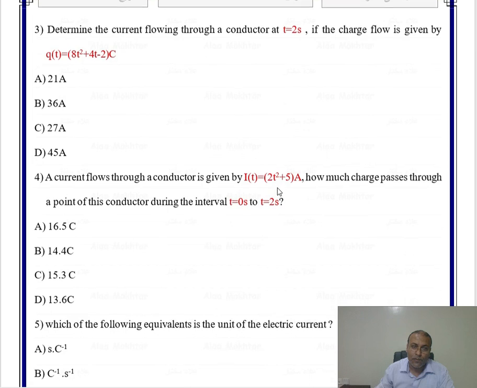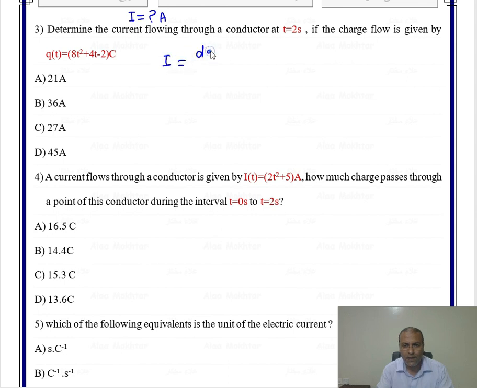Third question: determine the current flowing through a conductor at t equal to 2 seconds. He asked about current at this time. If the charge flow is given by an equation, if we have an equation for charge, we must differentiate it with respect to time, so that I equals dq over dt.